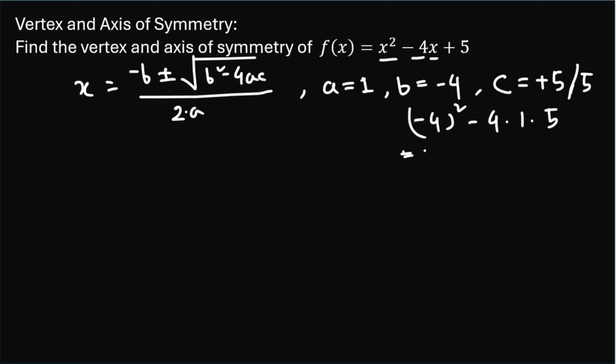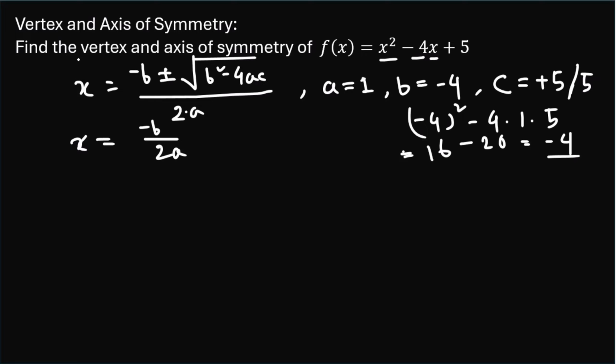So here we will get 16 minus 20 equals minus 4. So we will not consider the negative value. Here x equals minus b over 2a.